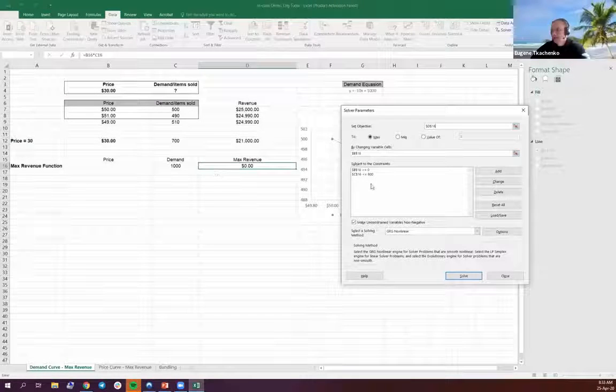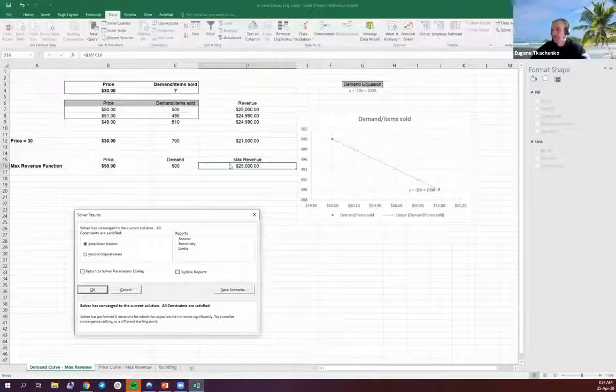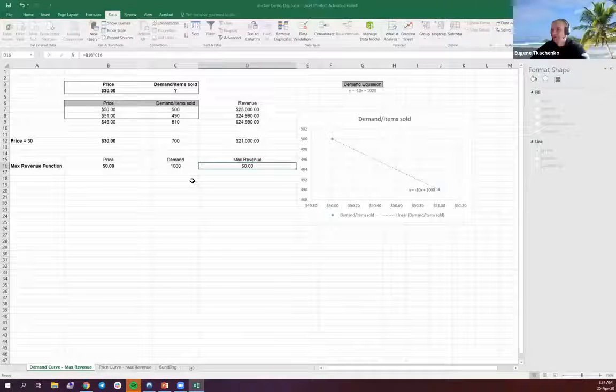Then we add the constraints that the price cannot be less than 0, and that the number of items we can sell at this moment physically is 800. It's the same method: you just click solve and see what happens. This result returns 50 as our best possible price point for the number of 500. So it was 400. One second, let me just rerun it. I clicked the button.